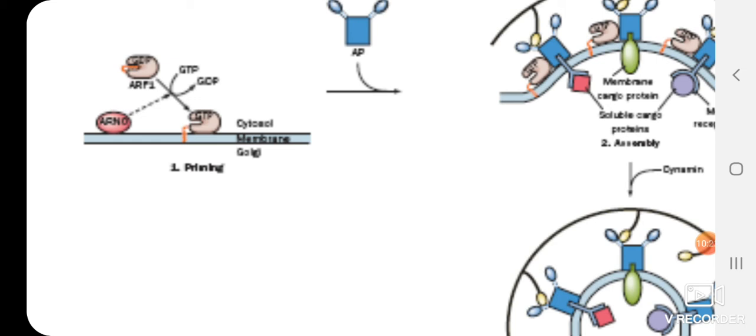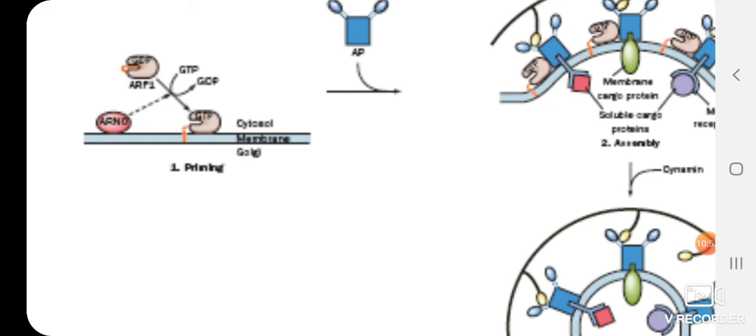This ARF is going to have a hydrophobic chain, a palmitic acid chain, which is covalently linked in the protein, and when it is in the cytosolic free flowing protein molecule, at that time this particular hydrophobic chain will be present within the core pocket of the protein.